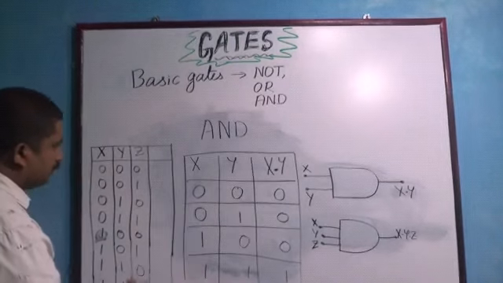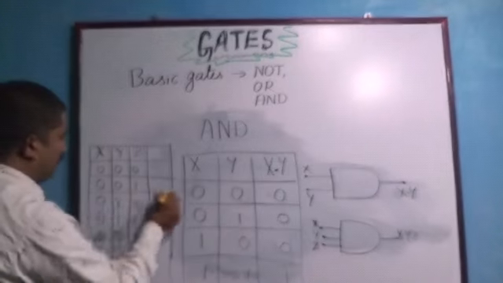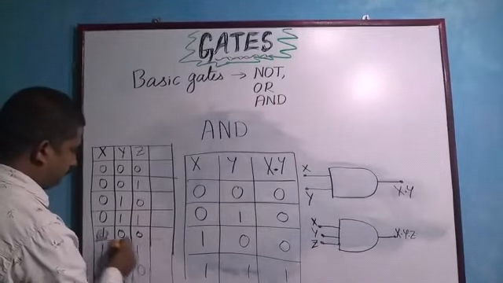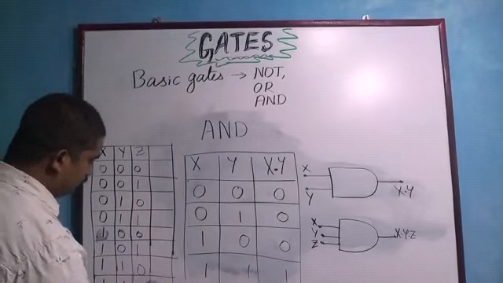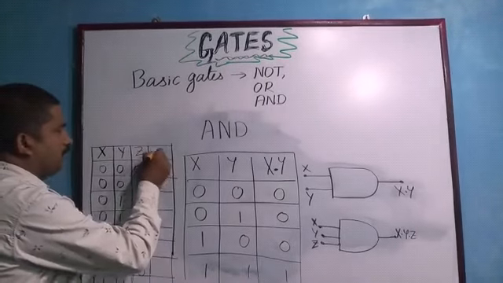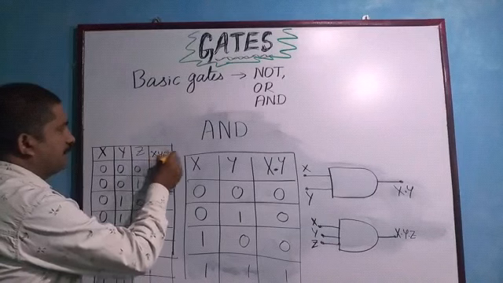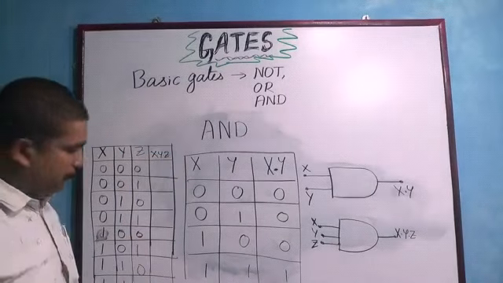Okay. So now see the output. Output is always X into Y into Z. This is for 3 inputs.